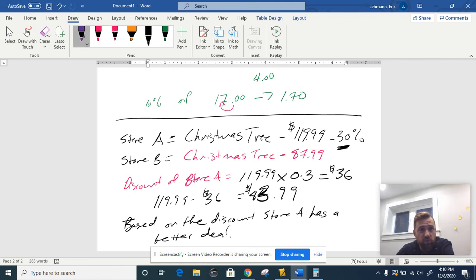So when I ask you, maybe if we have a quiz, which we're going to probably have one next week, if I asked you to say, what other things would you consider when you are purchasing something? And I mean things other than the actual price. You might say, is the item the same? Is it being sold from the same store?